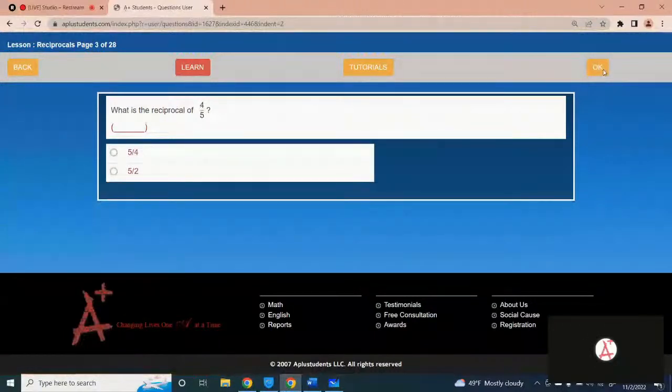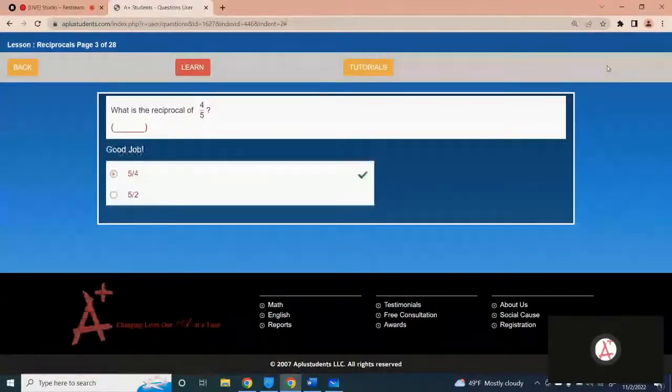Okay, what is the reciprocal of 4 over 5? The reciprocal of 4 over 5 is 5 over 4. Got it? You just have to switch both the values, so it would be 5 over 4.